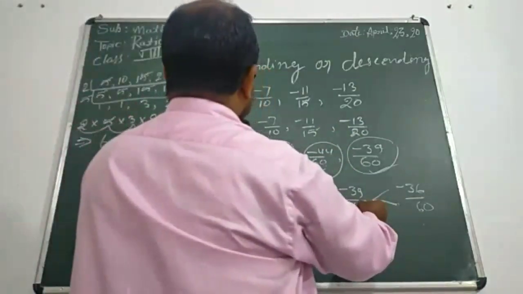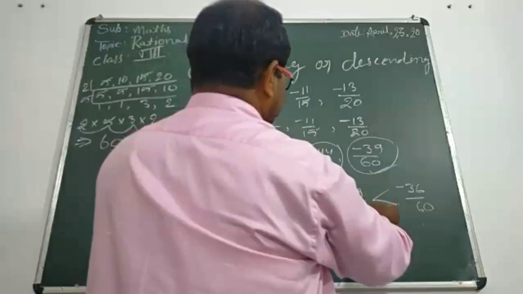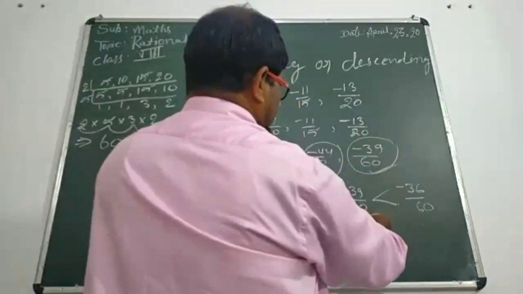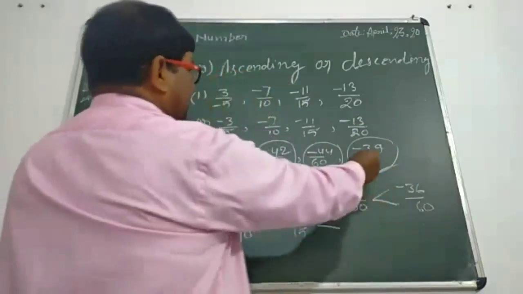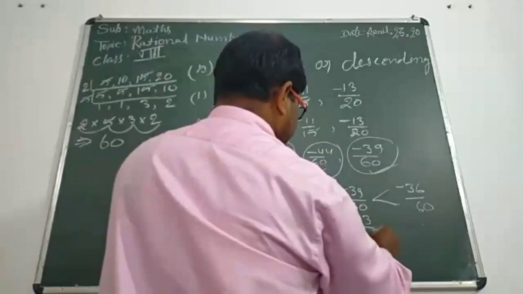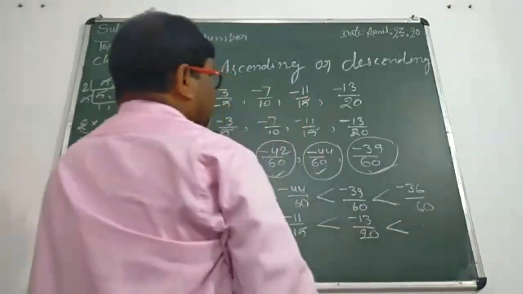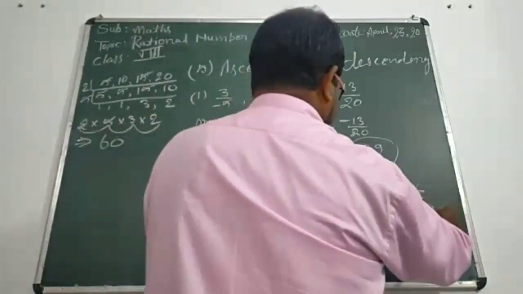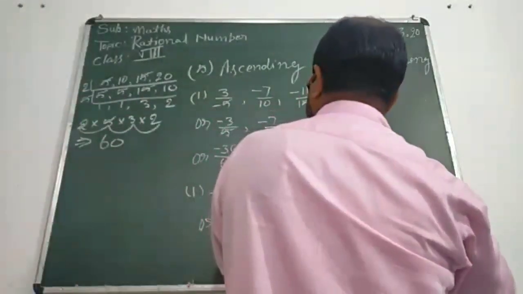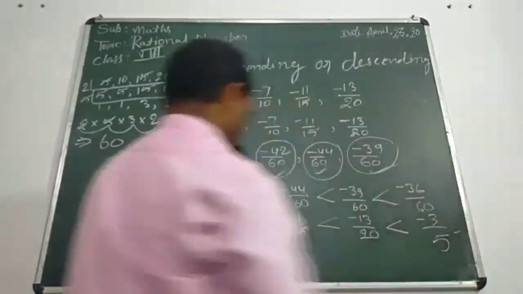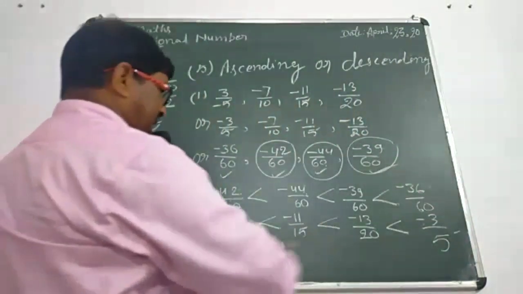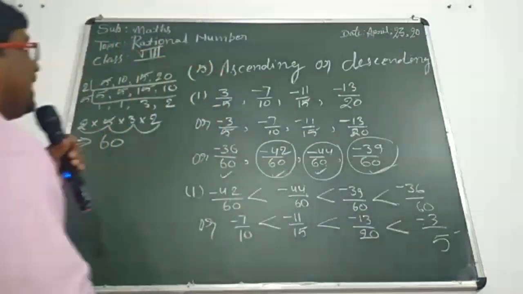Minus 39 upon 60 is the equivalent fraction of minus 13 upon 20. And minus 36 upon 60 is the equivalent fraction of minus 3 upon 5. Okay? Am I right? This type of arranging the rationals is called ascending order.